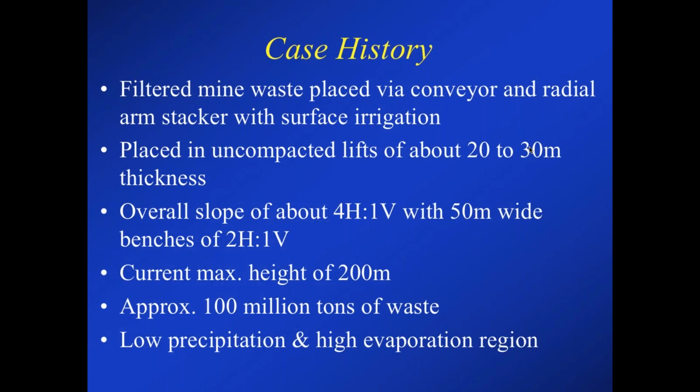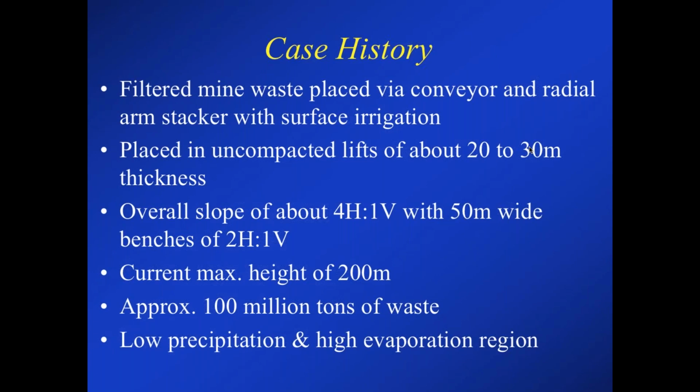Some of these mines extract the ore through surface irrigation with certain chemicals. I'm not sure this particular project did that, but the point is that it's placed moist and there is fluid that's sprayed across the top. So fluid is actually placed into it, so there is a risk of it becoming saturated.